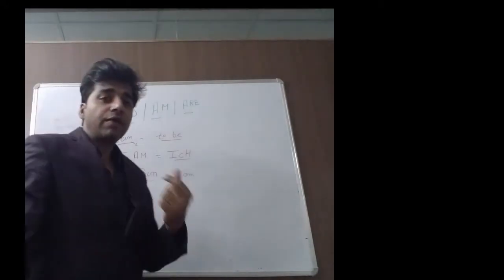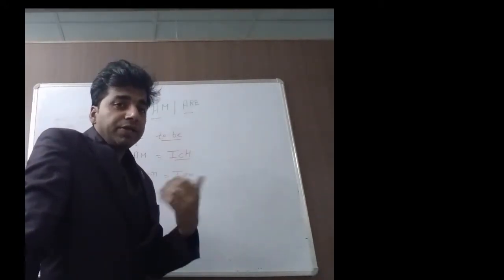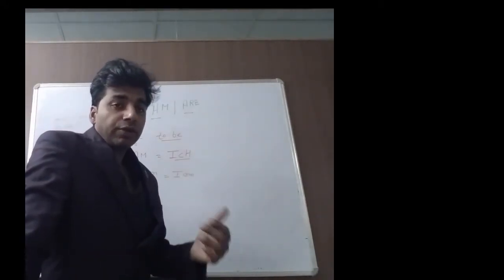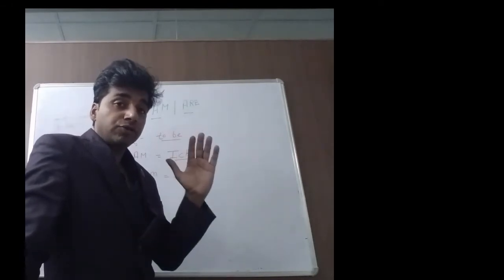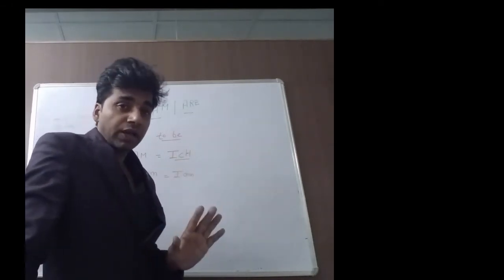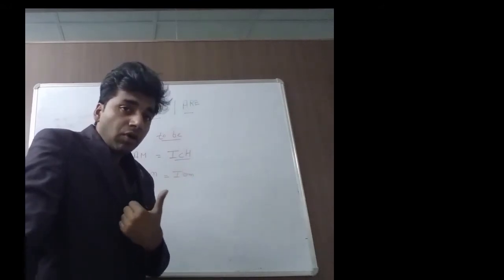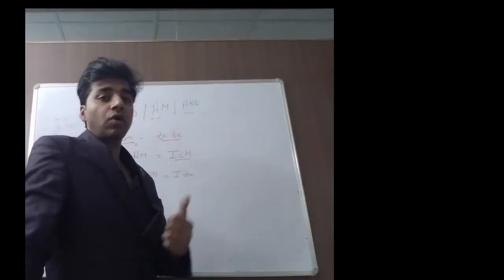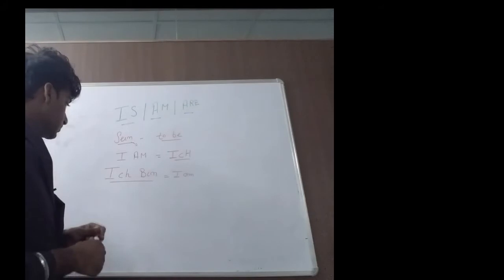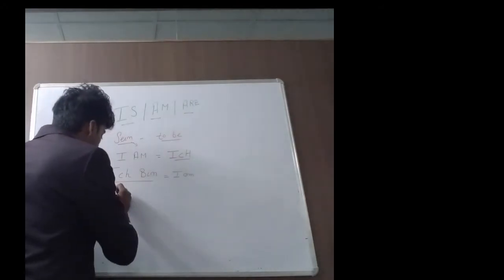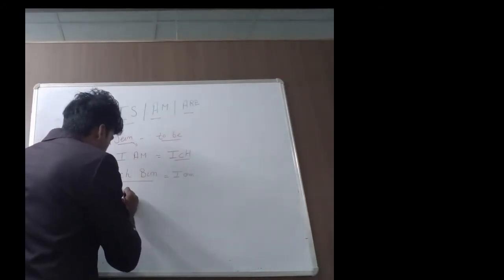Okay. For example, in English we have you. If I am speaking to my younger one, I will apply you. If I am speaking with my elder one, I will apply you. But in German, it is not like that. We have an informal conversation and we have a formal conversation. Okay. So if I am saying you, that is informal.